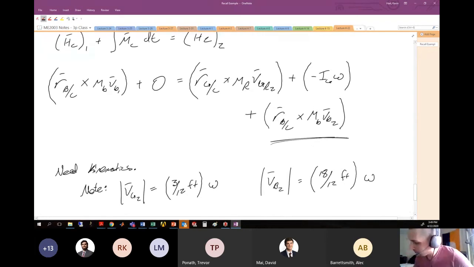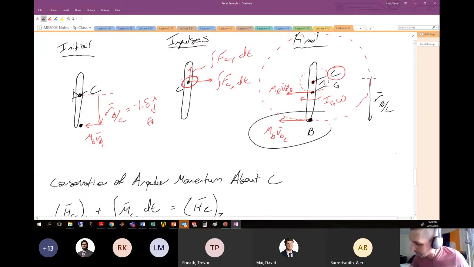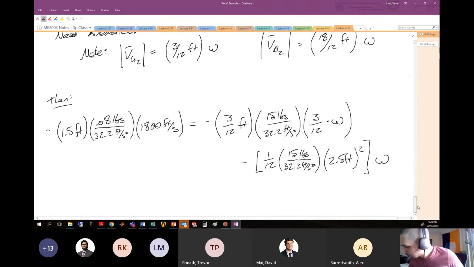And then my final term, this is coming from the angular momentum that this bullet causes. I'm going to add to this a negative because the cross product is negative. The distance from the fixed axis point to where the bullet is hitting, that is 18 inches divided by 12 to get me in feet, times the mass of the bullet.